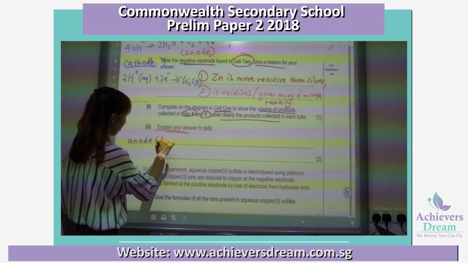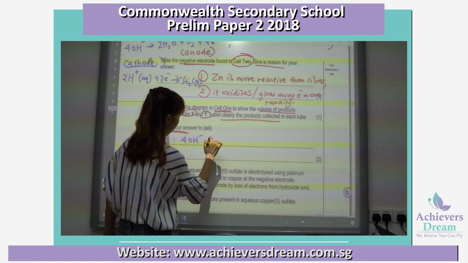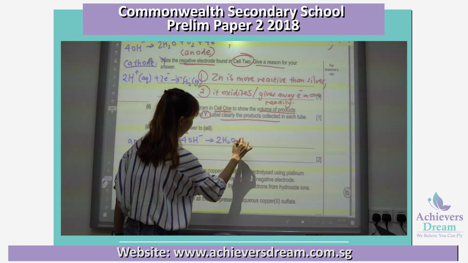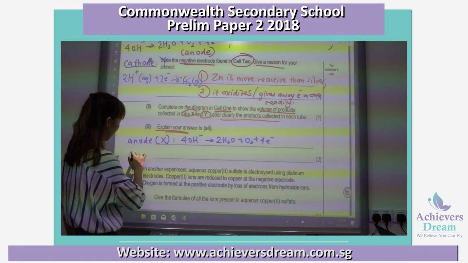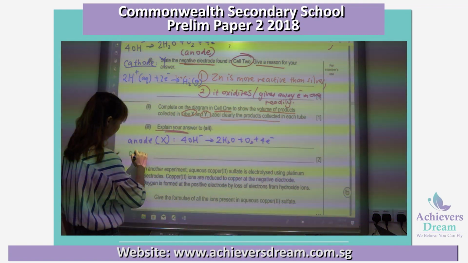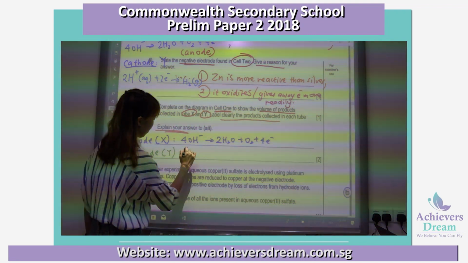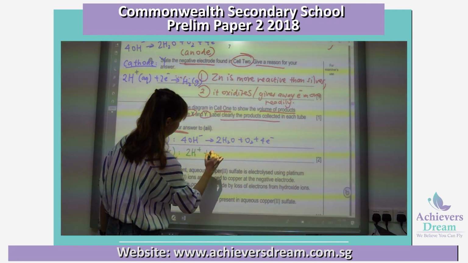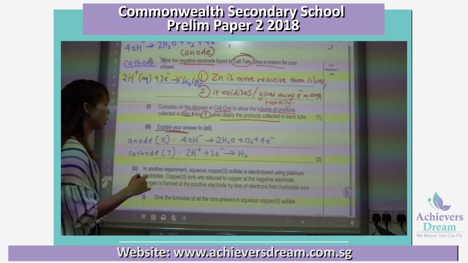Anode, which is electrode X, is... where's your cathode? Correct? So these two are my half equations.